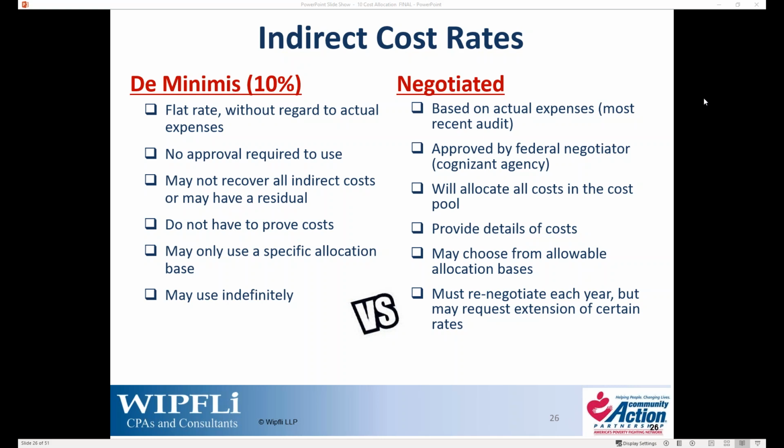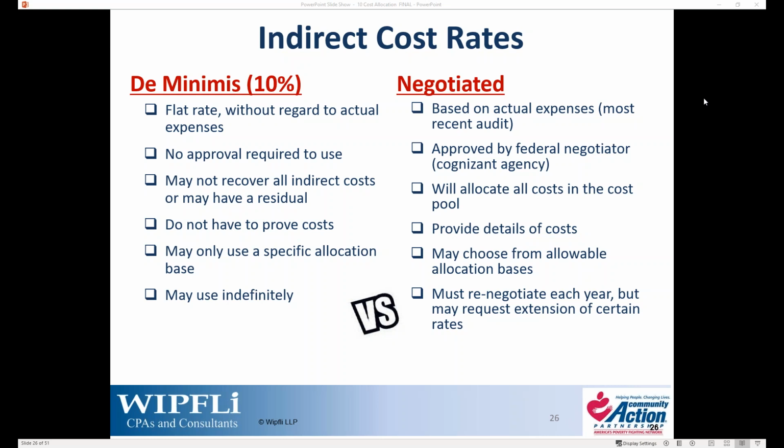You also don't have to prove your costs. When an agency elects the 10% de minimis rate, all the funding sources need to know is that you charge them 10%. It does not matter how much is in your pool. It doesn't matter if you're running at 8% or at 11%. Everybody gets charged your methodology as a flat 10%.